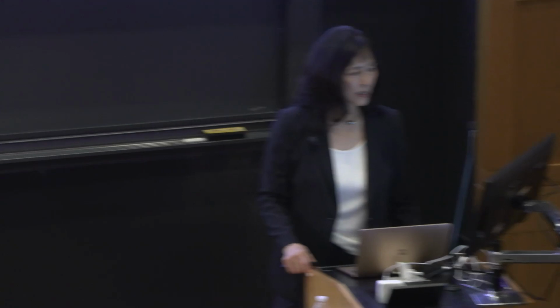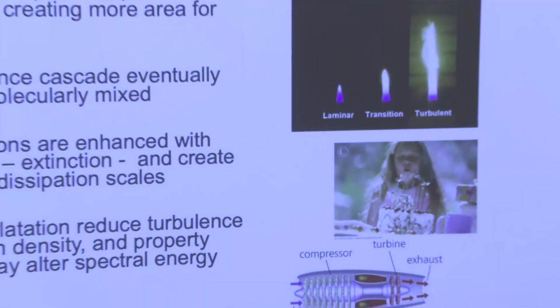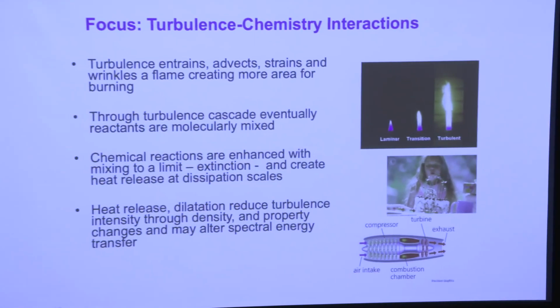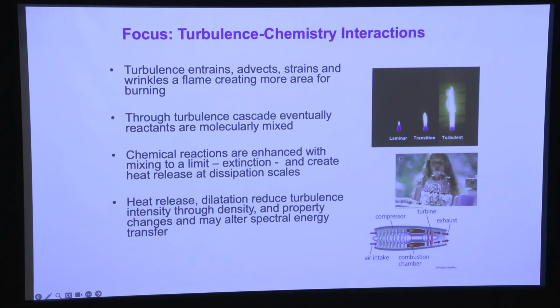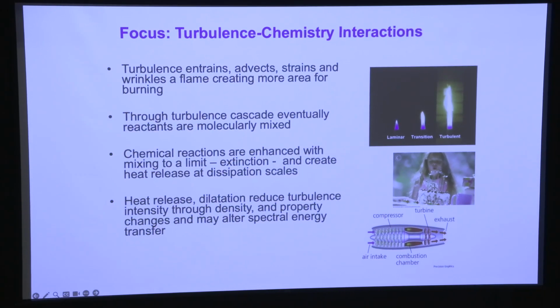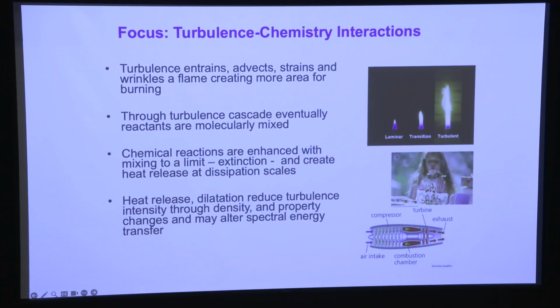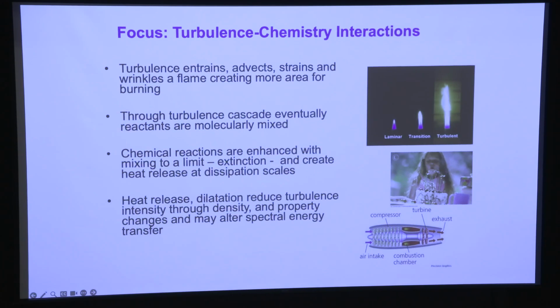And so most of my talk today, and my expertise, is in the area of gaseous turbulence chemistry interactions. At the most fundamental level, turbulence entrains, advects, and strains a flame. And if you think about it, it creates more surface area for burning to happen.